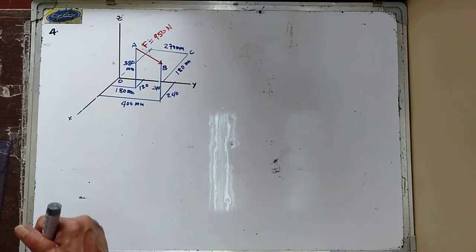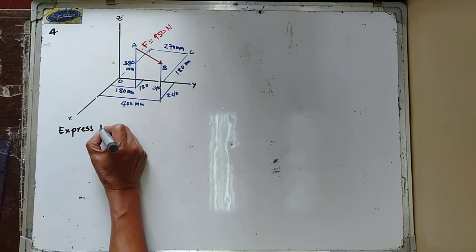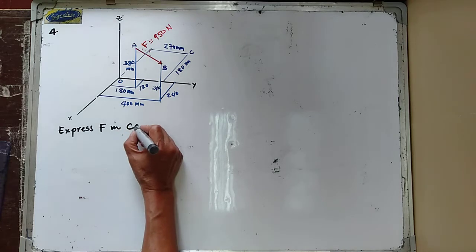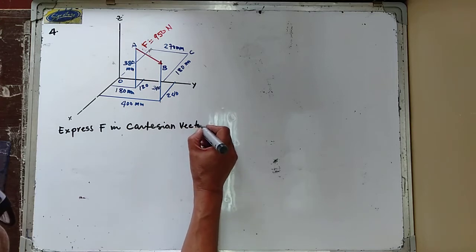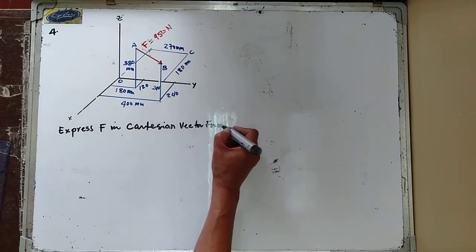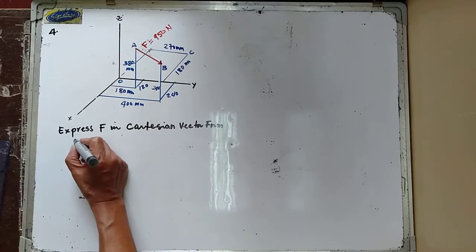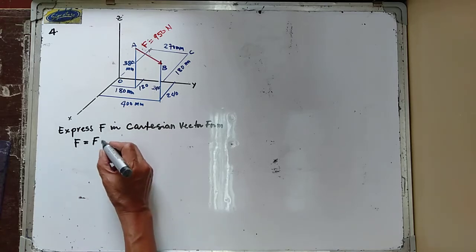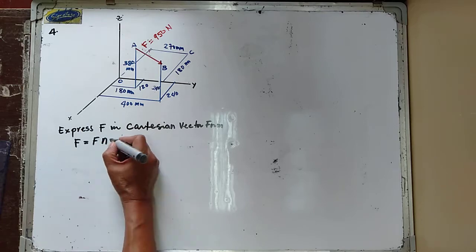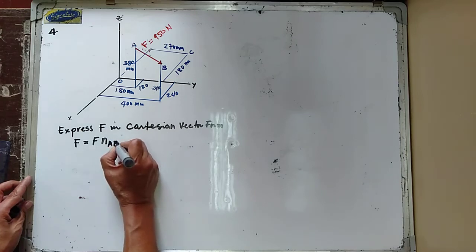So let us express F in Cartesian vector form. In Cartesian vector form, this is equal to the magnitude of F, multiplied by a unit vector in the direction of F, and that is now a unit vector AB.